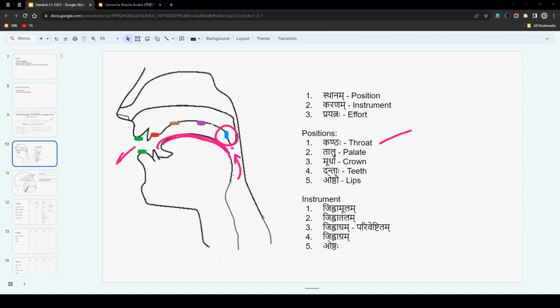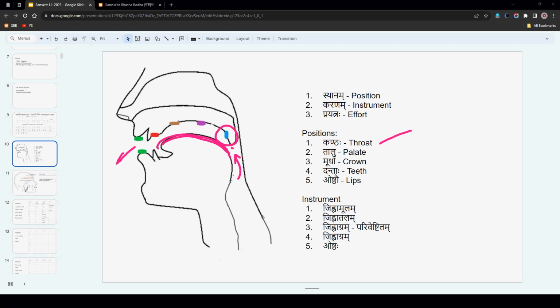Our tongue is going to block that airflow at different parts, in different amounts, to produce different types of sounds. Here there are 5 positions shown where the air is blocked when it is passing through our mouth.